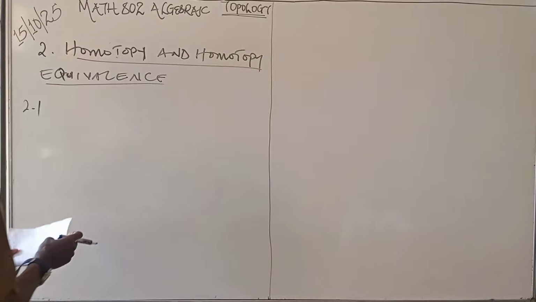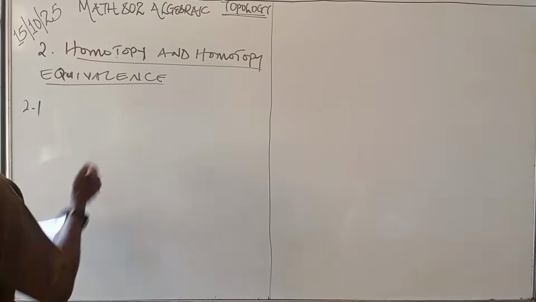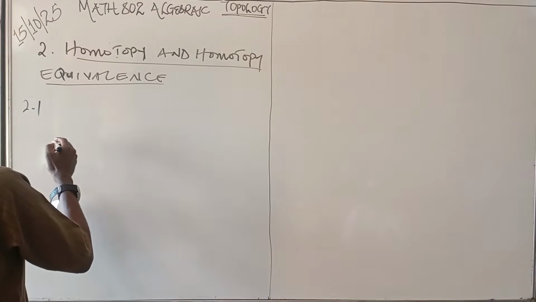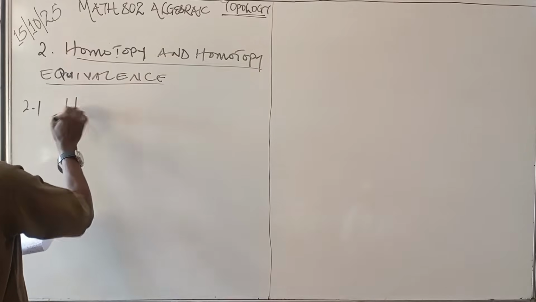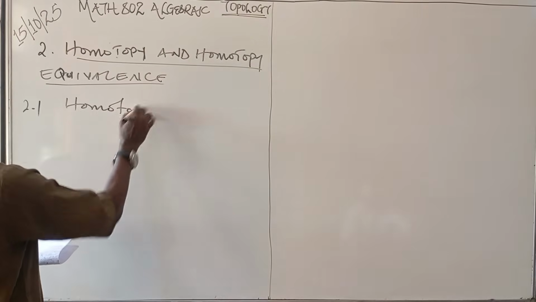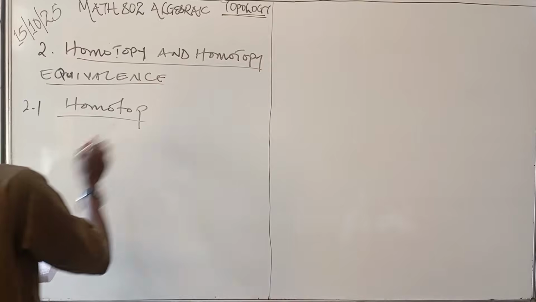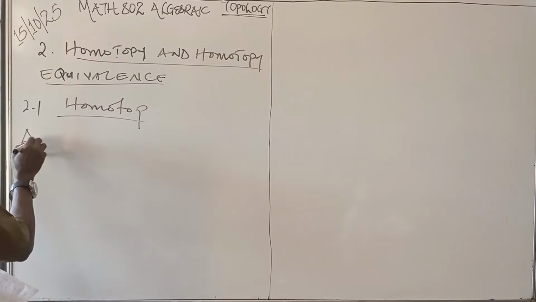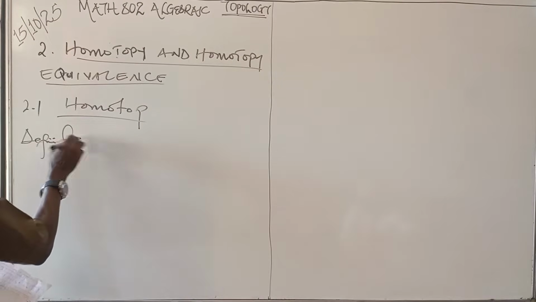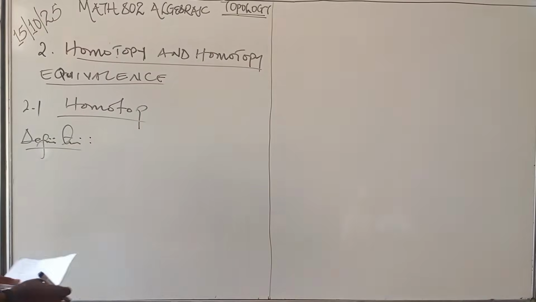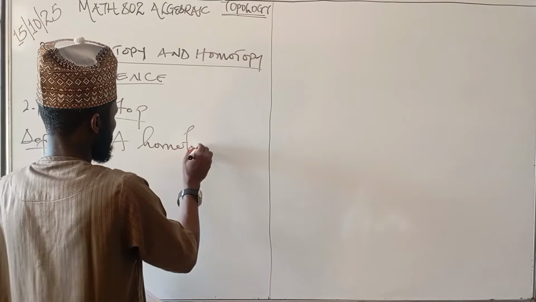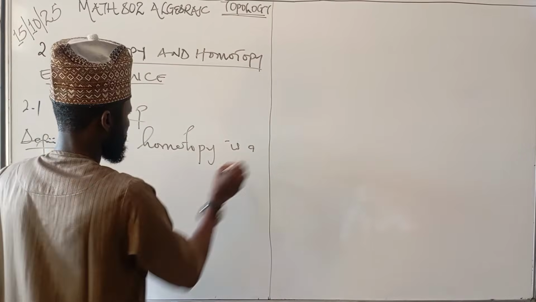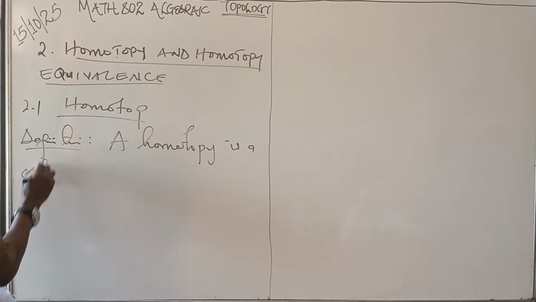So we will look at homotopy, and then we start with the definition of what a homotopy is. A homotopy is a continuous map.